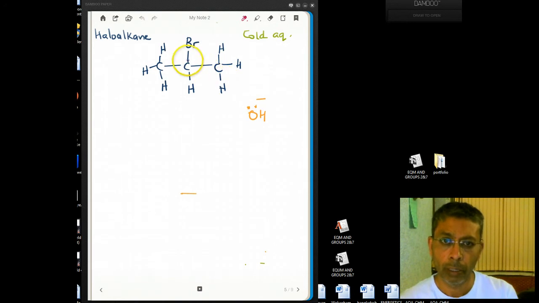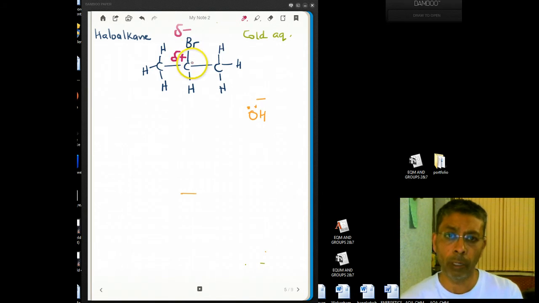Okay, right. Remember what you have to do is put the lone pairs where you can, and also the dipole, delta plus, delta minus. In this case, the bromine is electronegative, meaning that this bond here, the carbon-bromine bond, is polar.